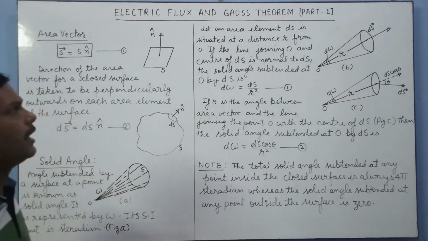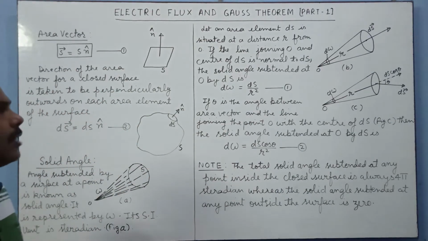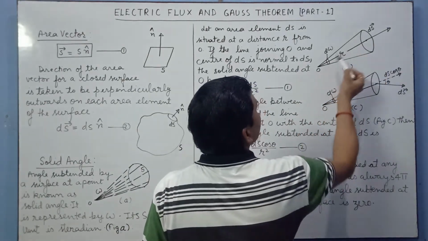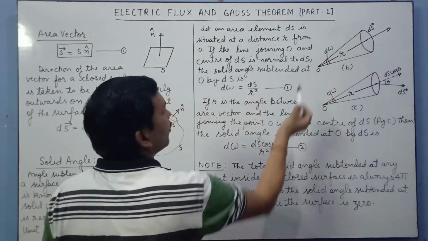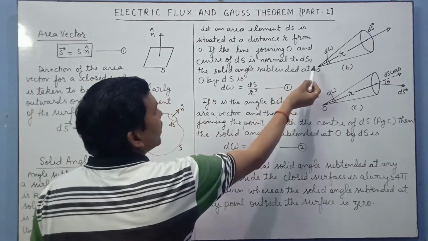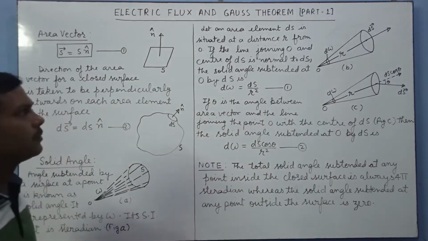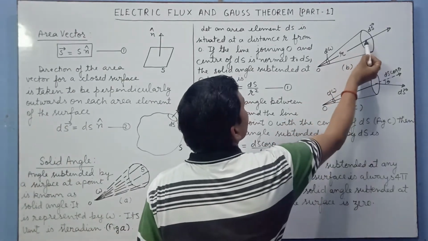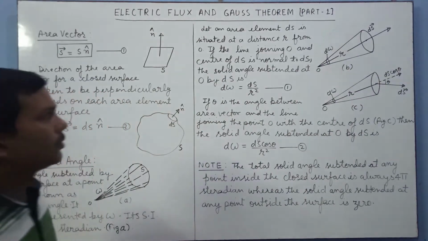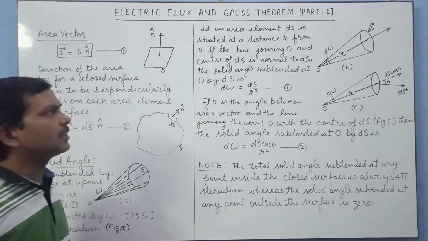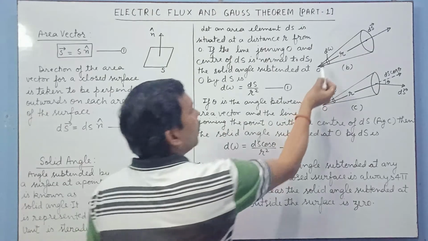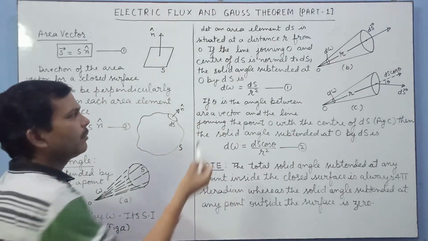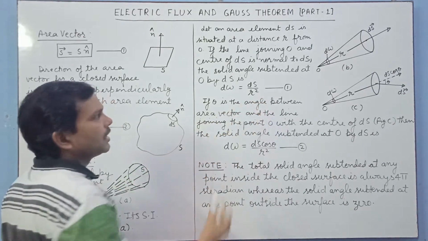Let an area element ds be situated at point R. This is area element ds situated at distance r from O, and if the line joining O and the center of this element area ds is normal to ds, the solid angle subtended at O by this area ds is given by d omega is equal to ds by r square.